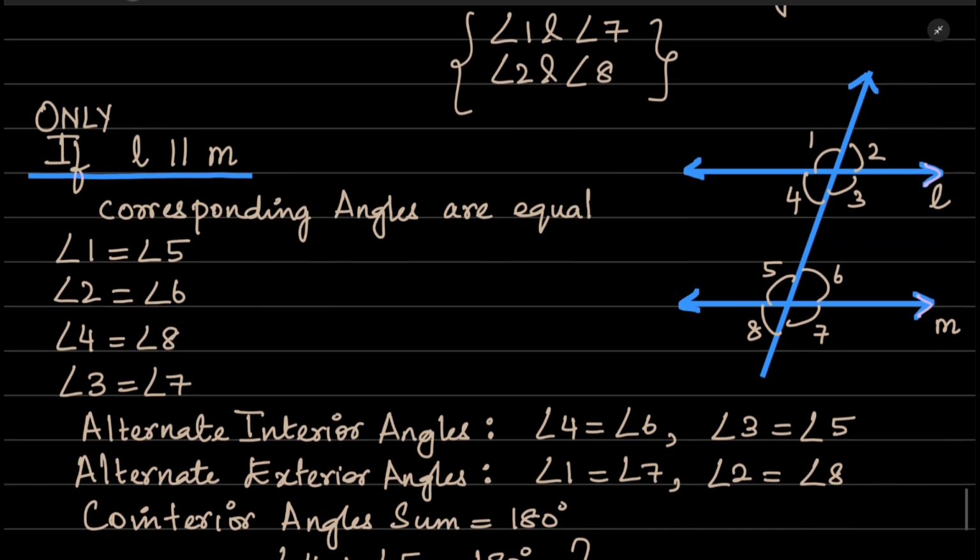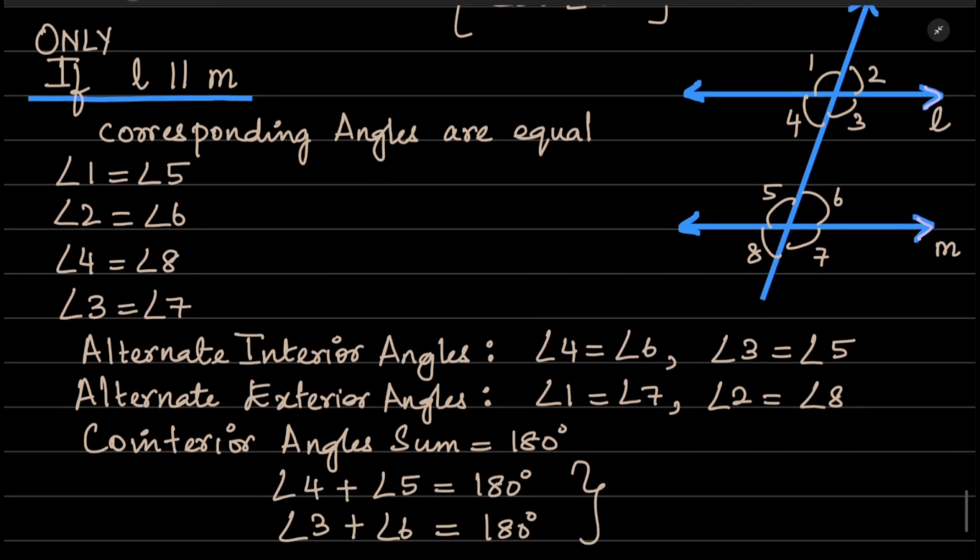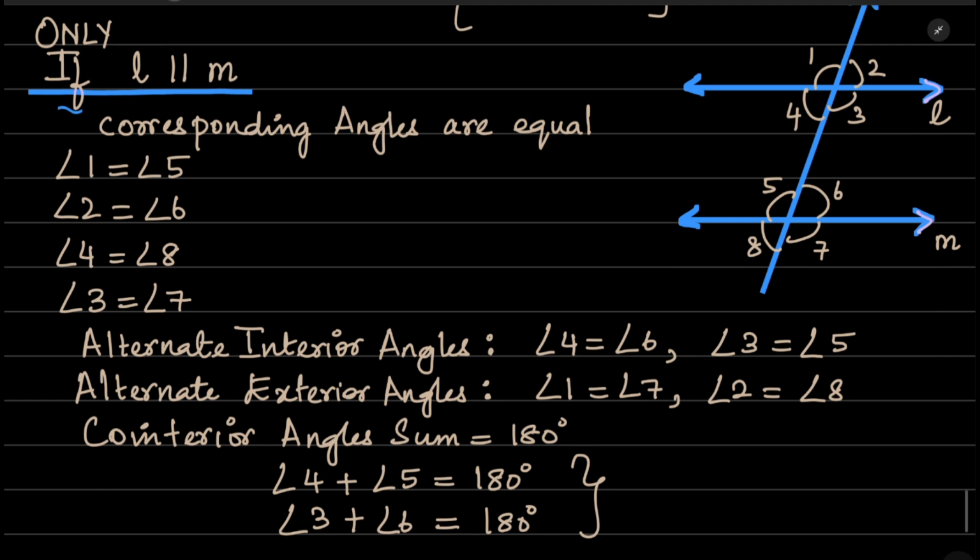And if you have two parallel lines, then you should remember these things: your corresponding angles are equal, your alternate interior angles are equal, your alternate exterior angles are equal, the sum of co-interior angles is always 180 degrees.